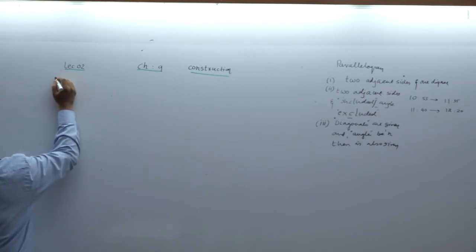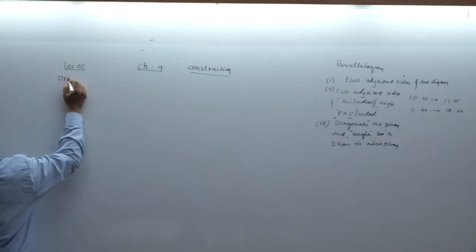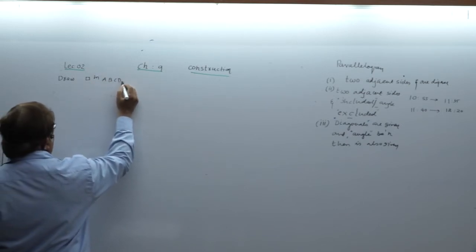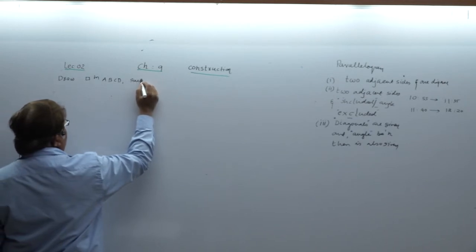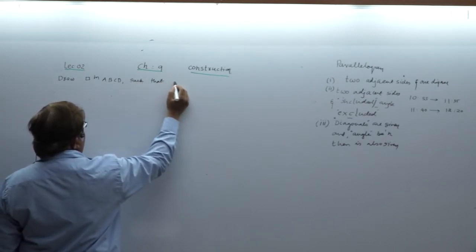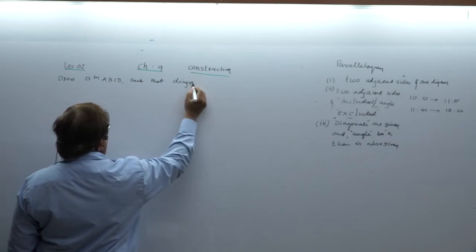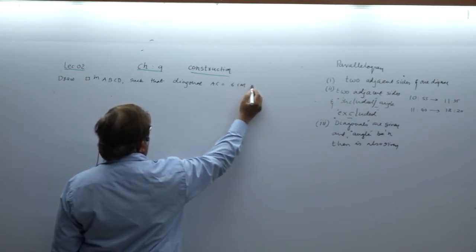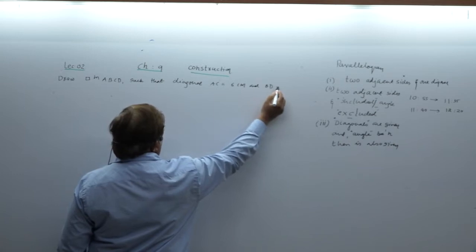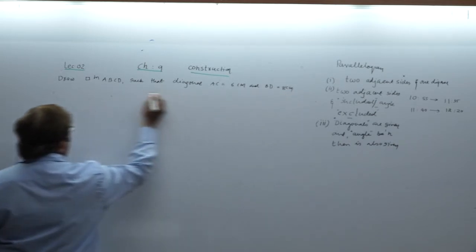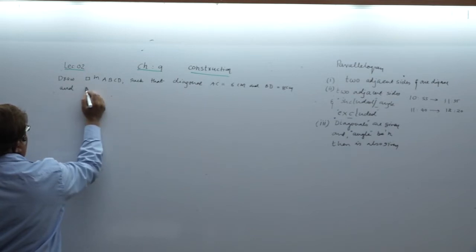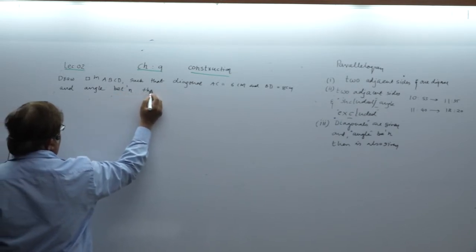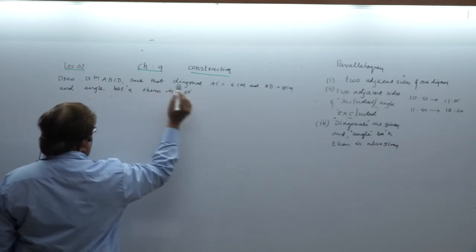Suppose I am writing the question here: draw parallelogram ABCD such that, please note down, diagonal AC equal to 6 centimeter and the diagonal BD equal to 8 centimeter and the angle between them, means between the diagonals, is 60 degree.